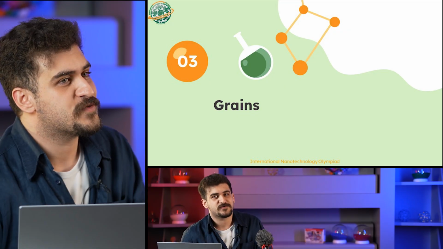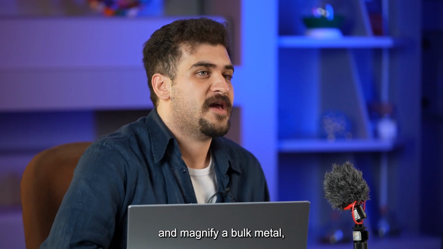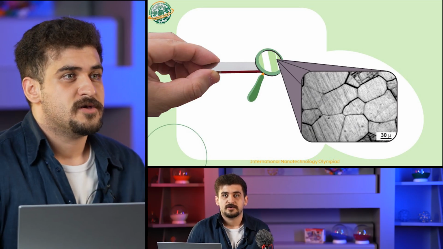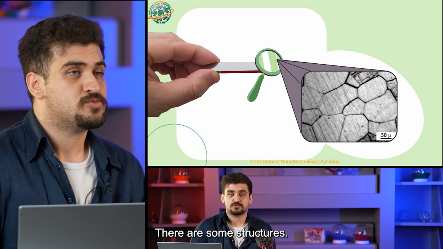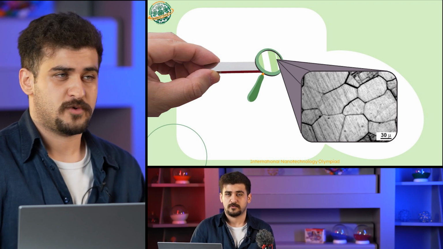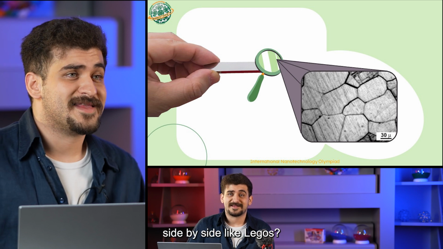Now, on the topic of grains, if you zoom in and magnify a bulk metal, you'll realize that at scales of micrometers, there are some domains, some structures. We call them grains. But why? What are those structures? What are those domains all side by side like Legos?